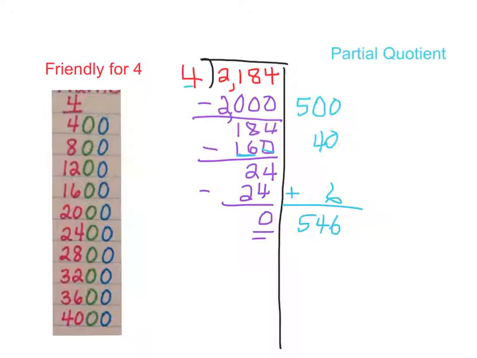546. Then to check my work, I take the 546 that I got for my quotient.